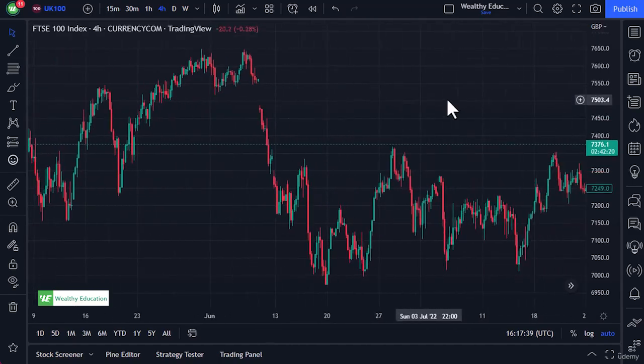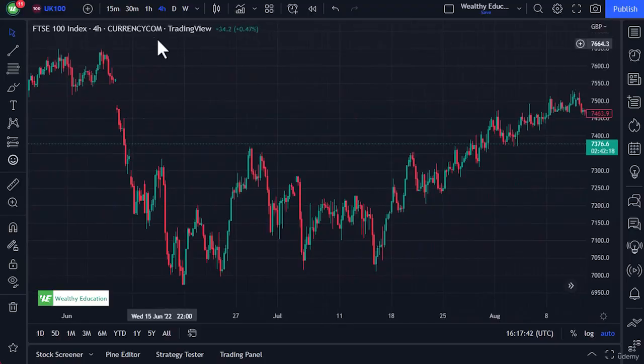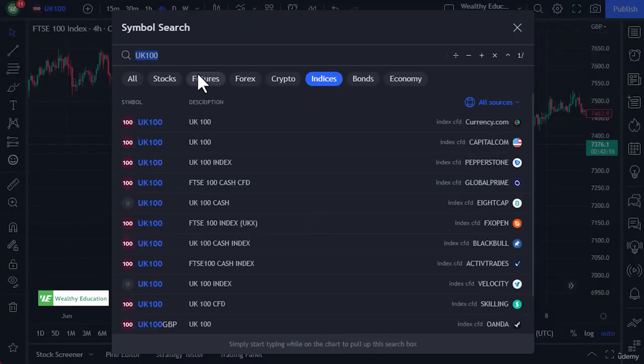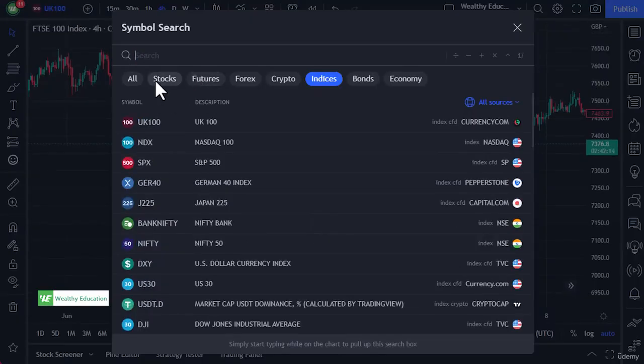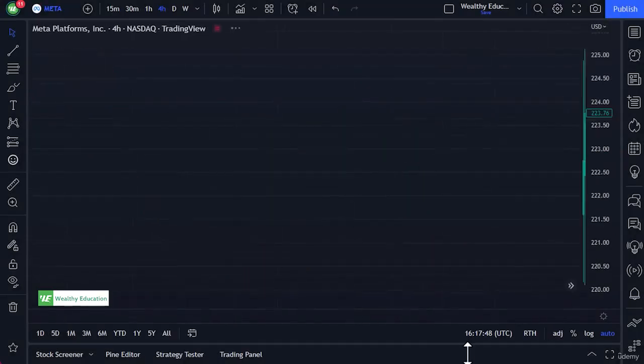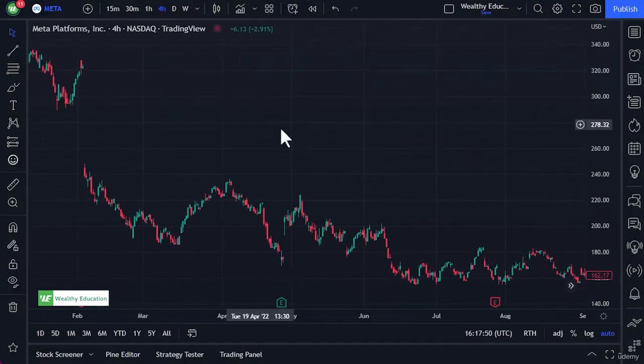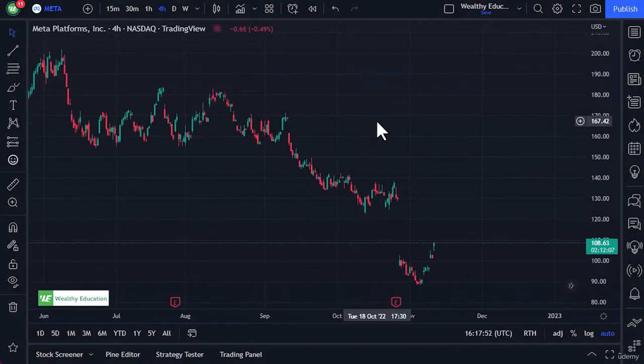So there are a couple of different ways that you can look at various consolidations. Let's just take a look at a stock here. Meta or Facebook. Here is a pattern of a rectangle. You can see it banged up against it 3 or 4 times here.